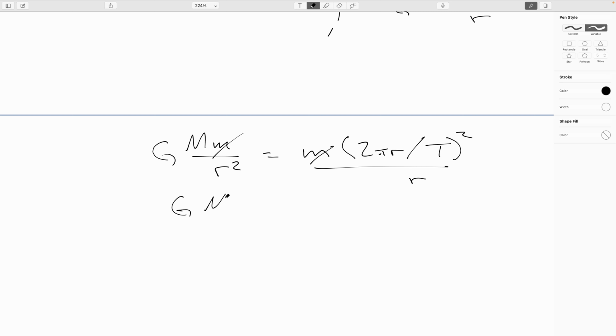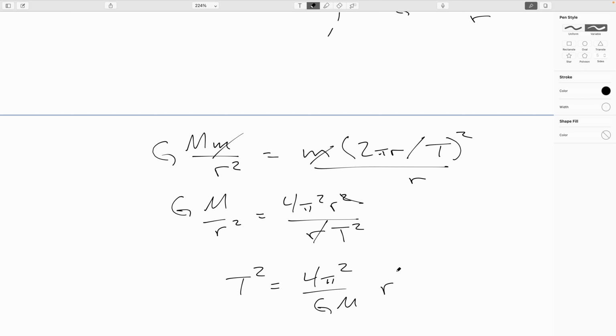Anyway, so we get GM over r squared. If I expand this through, this is going to give me 4 pi squared r squared over r T squared. I can lose 1 power there. And if I rearrange, I get that T squared equals 4 pi squared over GM times r cubed.